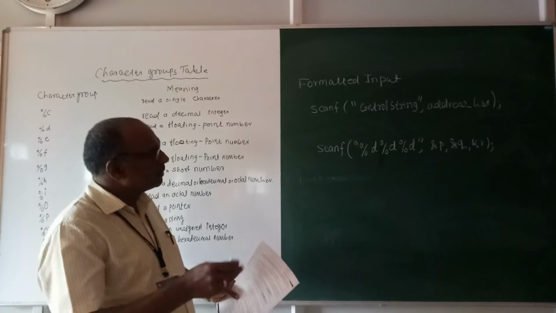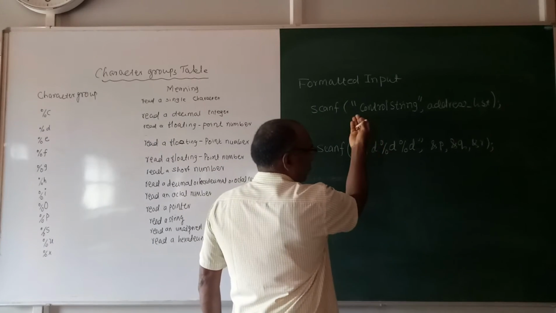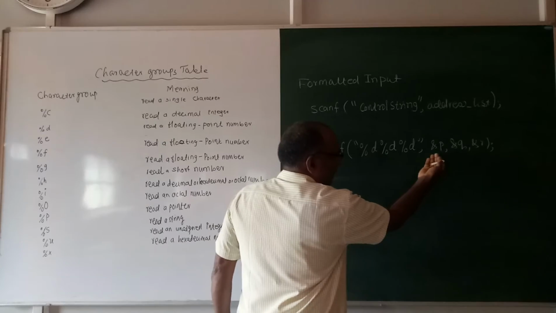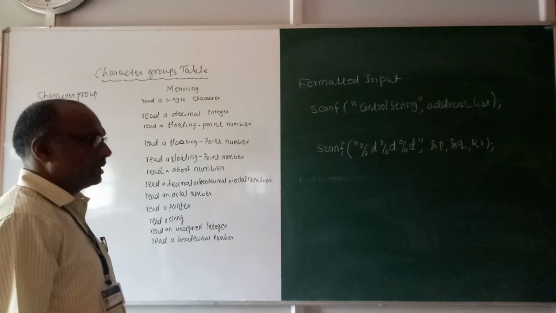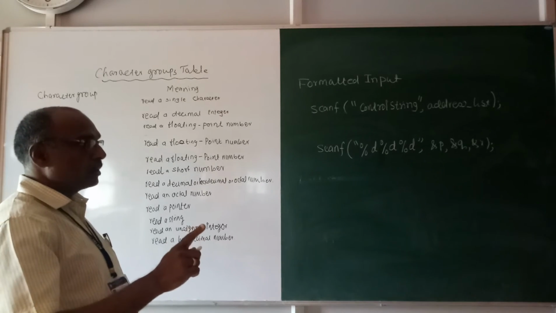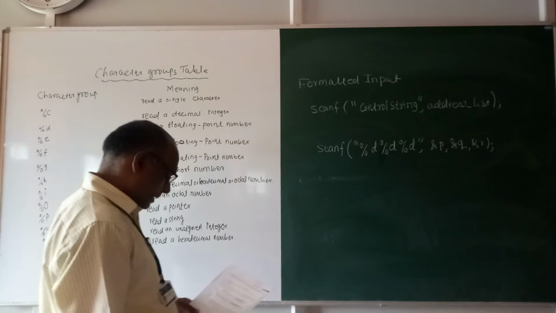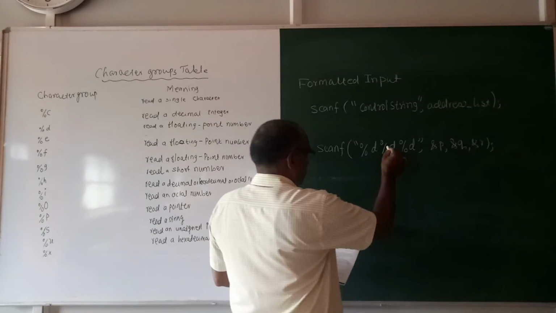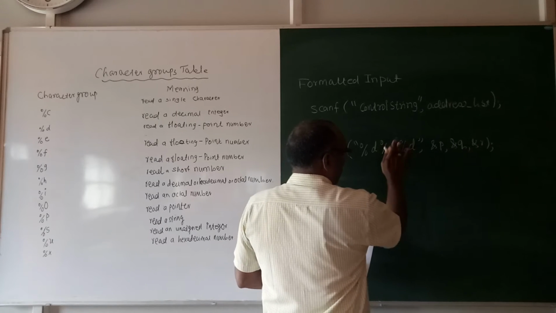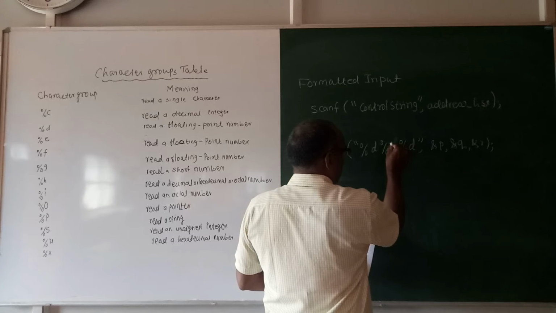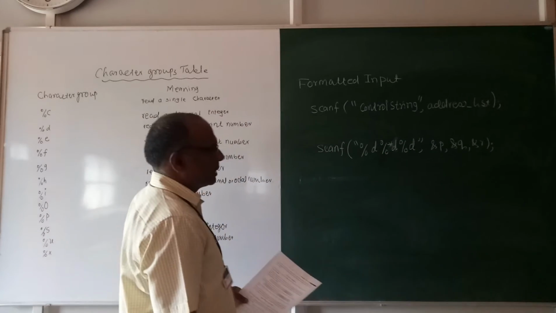Sometimes I want to give more data here, more control string groups, and a greater number of variables. Out of that, I want to skip one. For that, I'll write in between an asterisk and D. What happens here?